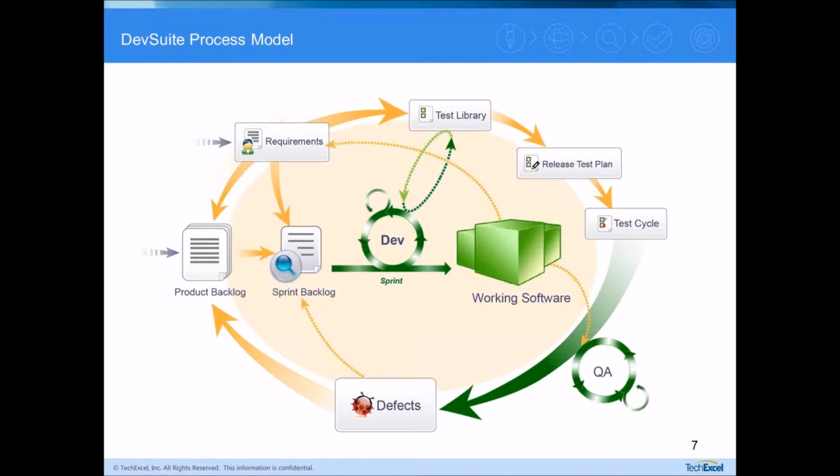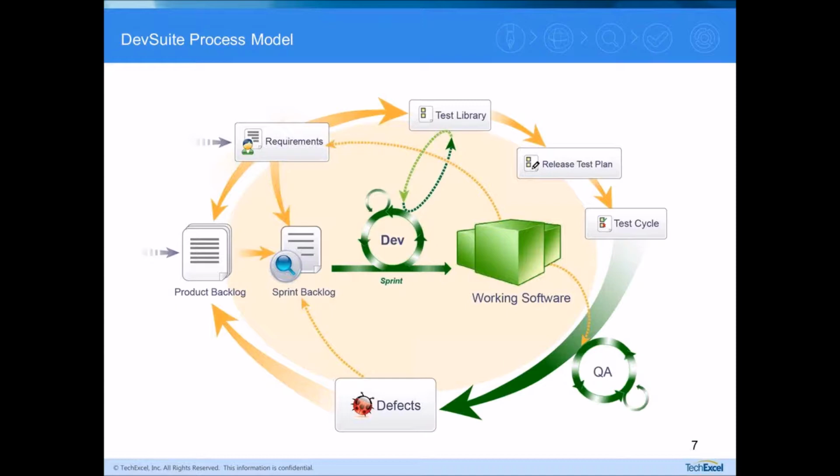Based on this same principle, our DevSuite is modeled in such a way that it would support the structure and be suitable for any development methodology or any workflow process that the company would be following. So you start by entering the requirements into the system. Once the requirements have been approved and reviewed, you can start populating the development product backlog.